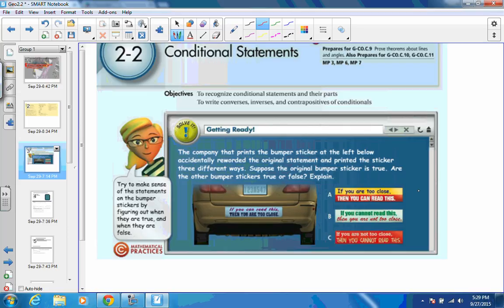The second one, or A, says, if you are too close, then you can read this. Is that always true? I don't know. Second one says, if you cannot read this, then you are not too close. Interesting. And the last one says, if you are not too close, then you cannot read this.